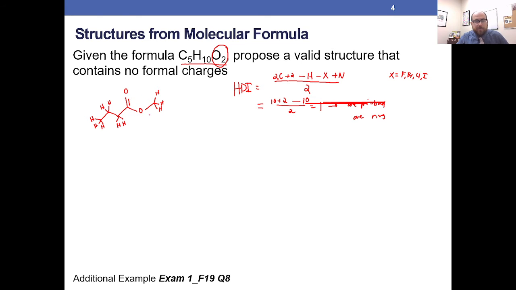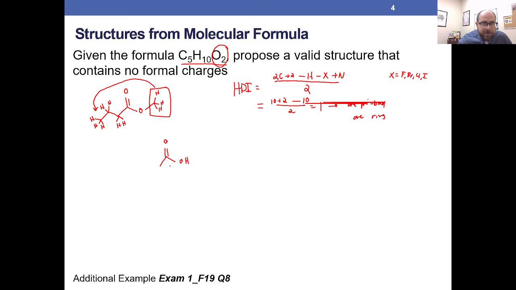Again, we can think about moving different pieces around to create different constitutional isomers. I could take the methyl group on this side of my ester and think about moving it to the other side over here. In this case, that would create a carboxylic acid. So my functional group would look like this, a carboxylic acid.